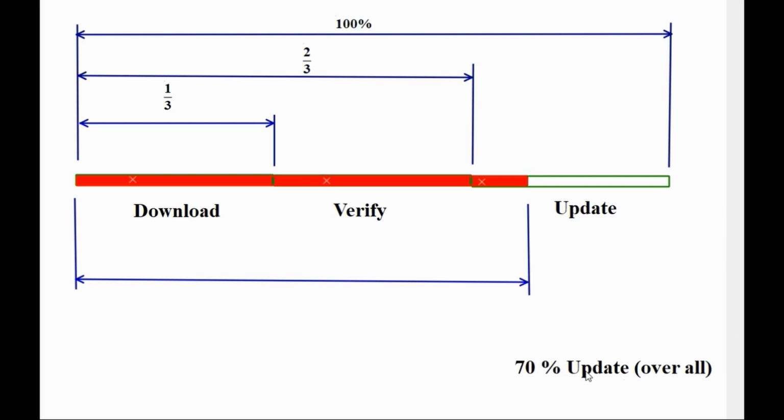So this becomes 70%. Now they use the word update here. I'm pretty sure they use update, but technically this is update. But when they do that, they mean overall, the whole thing, the whole process. Right? So the whole process done to this point is that measurement there, which is 70% of that.